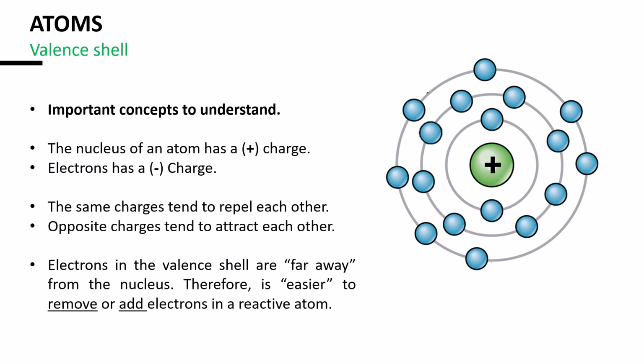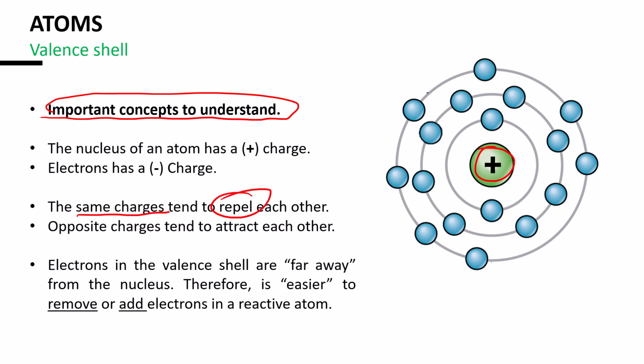So, as a quick recap, just to make sure you understand this important concept of electron behavior: the nucleus has a positive charge, right? In general, the same charges tend to repel each other. So if you have two things that are positively charged, they probably will not like to be together.